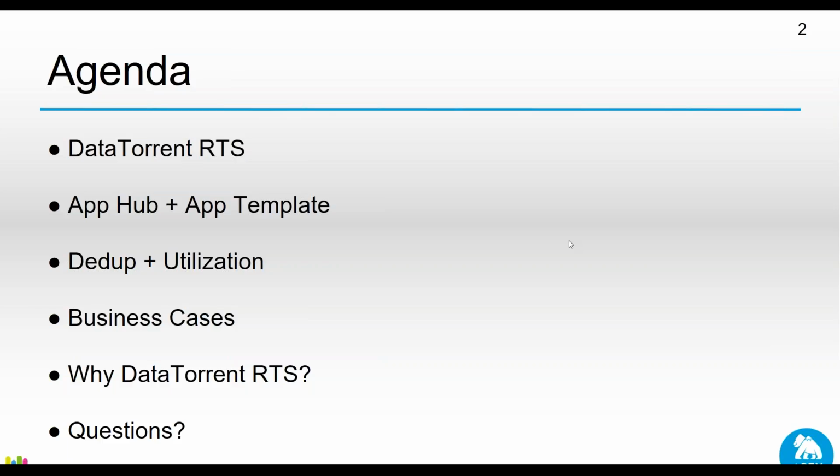Then we do a little bit of overview of the Dedup Operator, which is part of the Malhar library, and what is the utilization of the deduplication of data, and then we look at some of the business cases from the actual industry. We then talk about why exactly one should look at DataTorrent RTS, and at the end I can take most of the questions, but we'll try and answer questions as we go across this particular session.